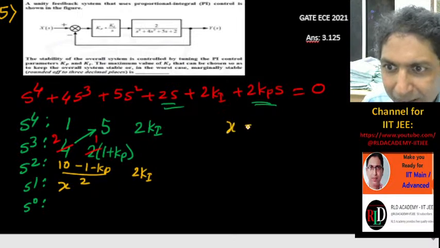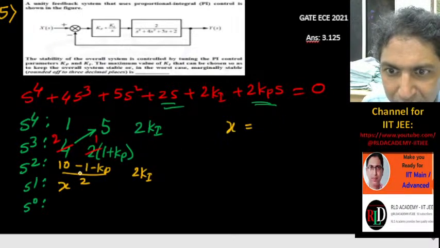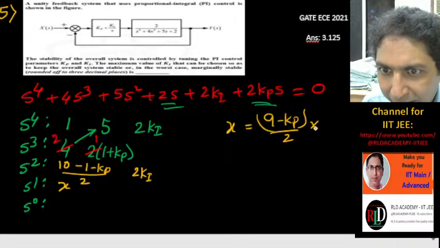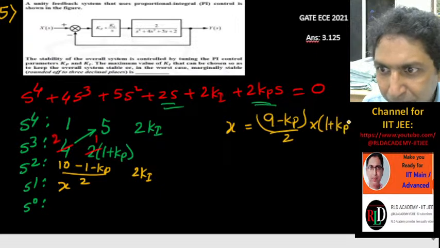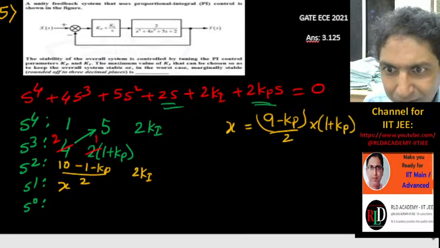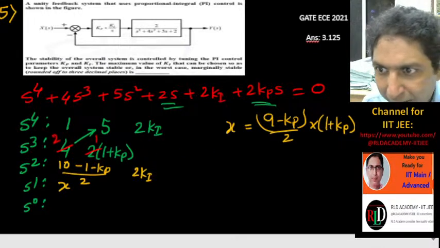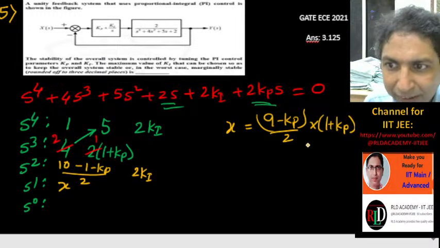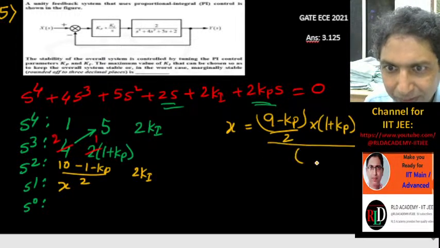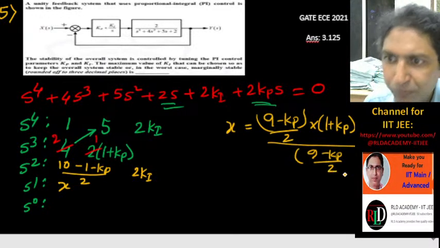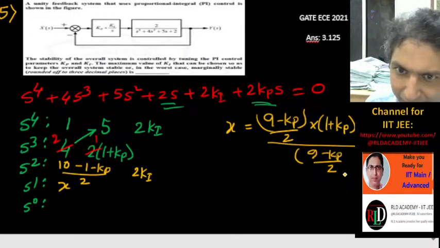What is x? x equals this product: (9 minus Kp) by 2 times (1 plus Kp), minus this one, 2 into 2Ki means 4Ki, and it is divided by that factor, (9 minus Kp) by 2. So this is your x, and the last term will be 2Ki.